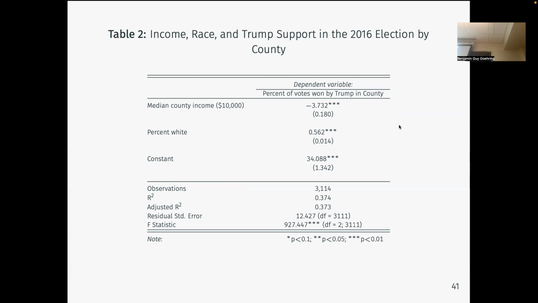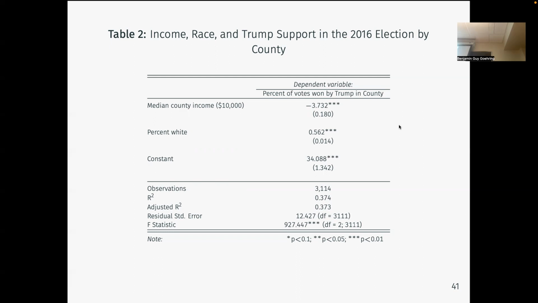This is saying that holding constant the racial composition, or specifically the share of whites in a county, setting that to a specific value, not letting it vary, as you change median county income, it decreases by almost 4 percentage points.